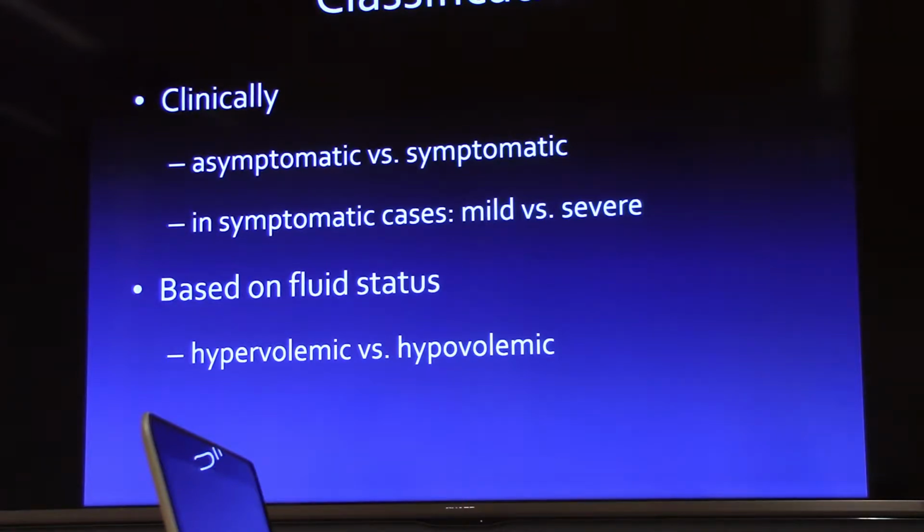It is actually quite important to make the distinction because the presentation can be slightly different, with weight gain associated with the hypervolemic cases, as I will get into later. And it is usually the hypervolemic cases that are associated with symptomatic EAH.